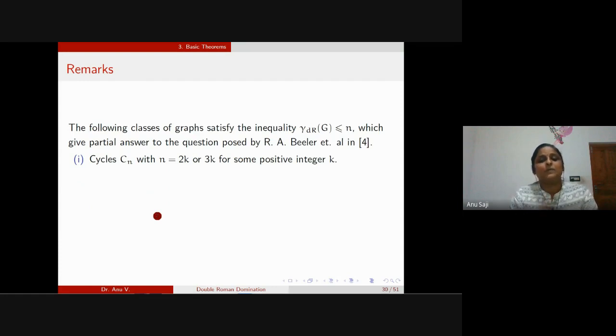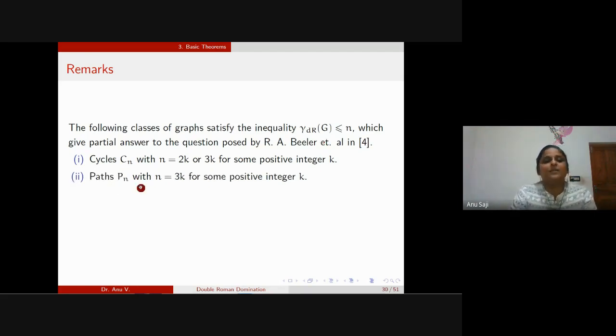Now, in the base paper, Robert A. Beeler et al. posed a question: find the classes of graphs which satisfy the inequality gamma_dRG less than or equal to n. From this discussion, we can give a partial answer to this question. The cycle C_n with n a multiple of 2 or 3. For those graphs, gamma_dRG is equal to n.